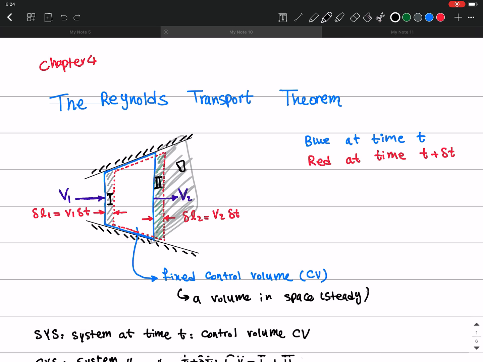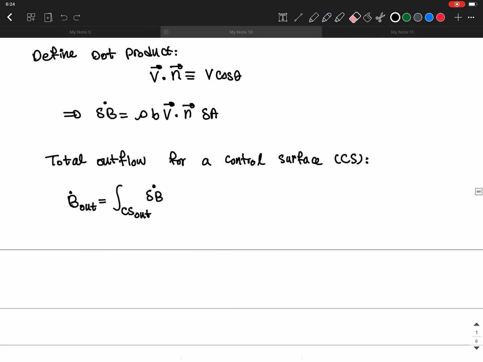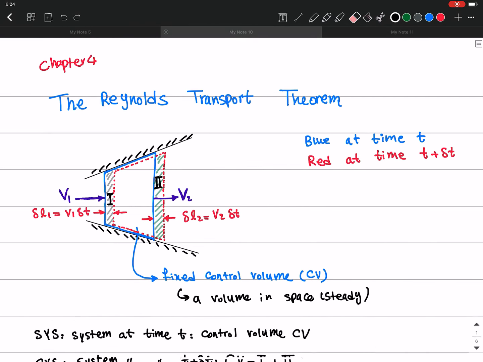So we take the integral of the change over this control surface of out.